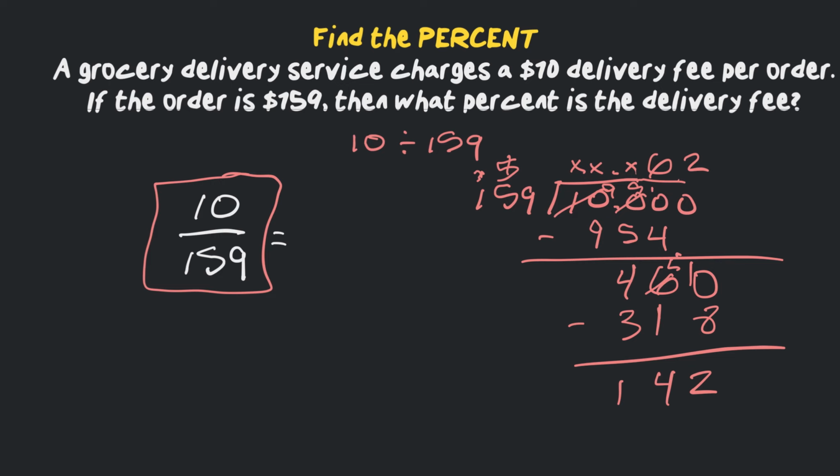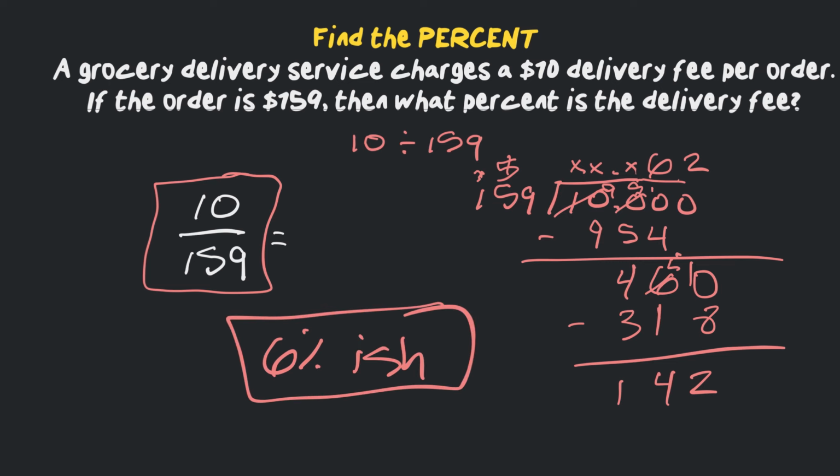I'm going to stop there because remember percent means out of 100. So if you notice, we've already kind of gone there. So I would say roughly 6%-ish would be my answer. Hopefully that's an option for that one.